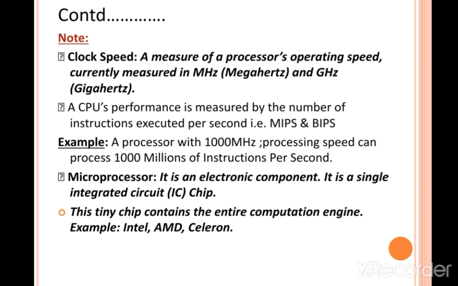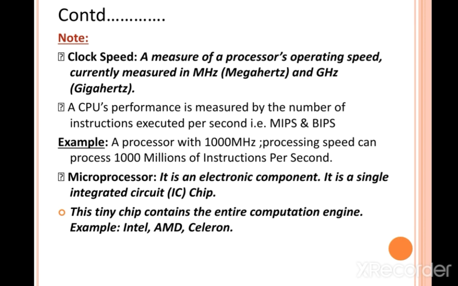And next term, microprocessor. It is an electronic component. It is a single integrated circuit, that is IC. Single integrated circuit chip. This small chip contains the entire computation engine. The CPU as a single integrated circuit chip is known as a microprocessor, and a microprocessor is plugged inside the motherboard of the computer.